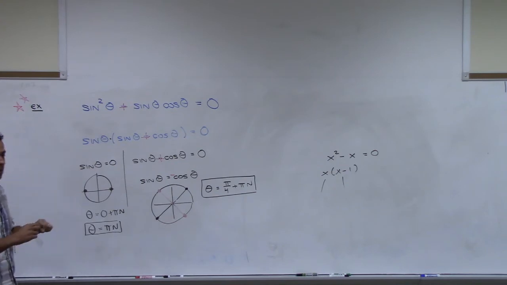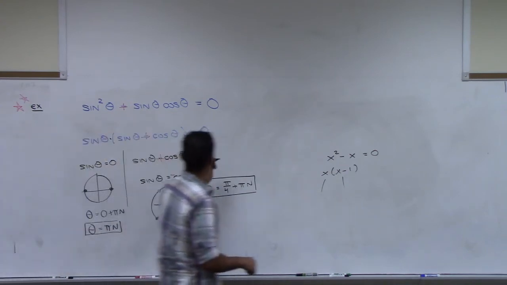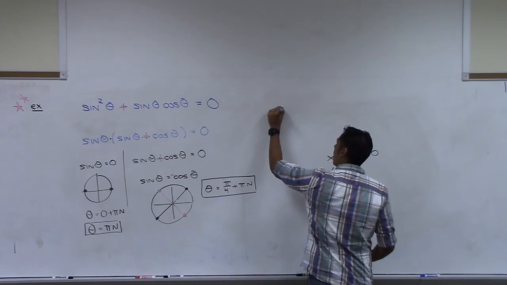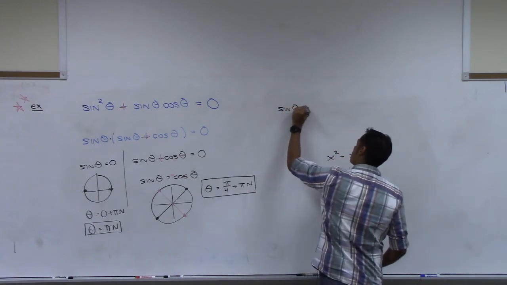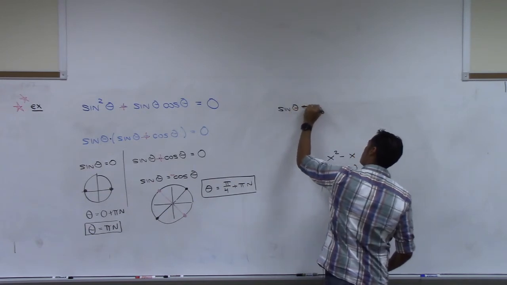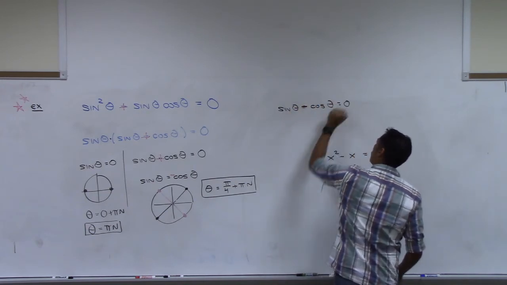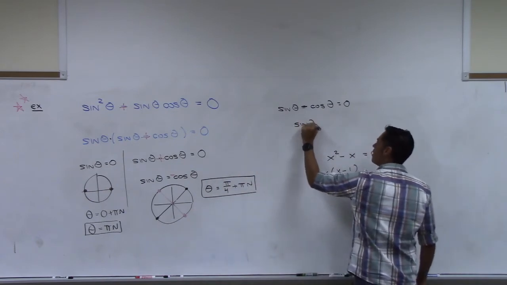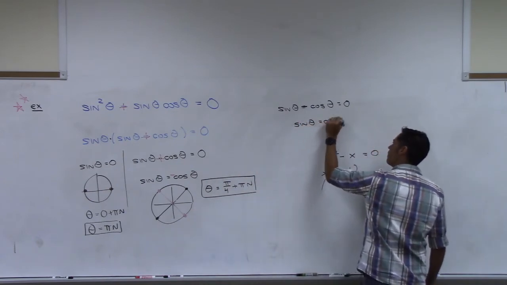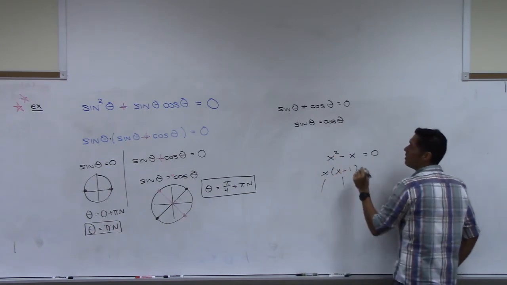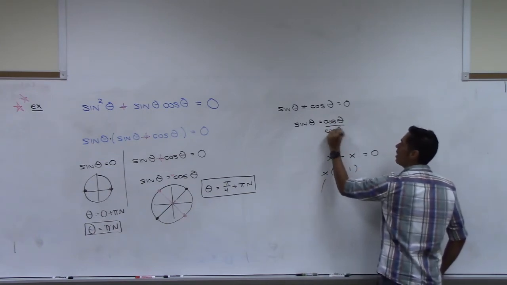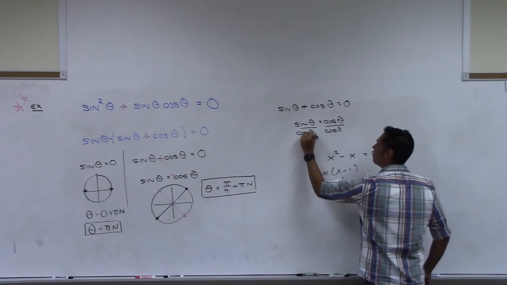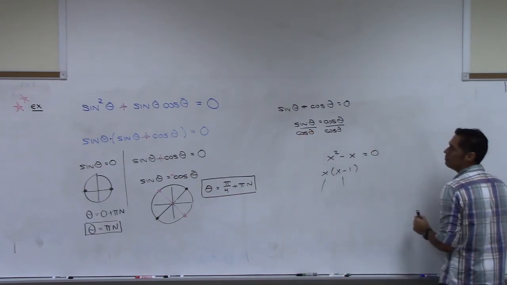I'll show you a different way you could do this, just so you can see it. When we had sine theta minus cosine theta is 0, right? Not the red one, but the original one. And we did sine theta equals cosine theta. You could have at this point divided both sides by cosine. Divided, not subtracted. And then what's the left side?